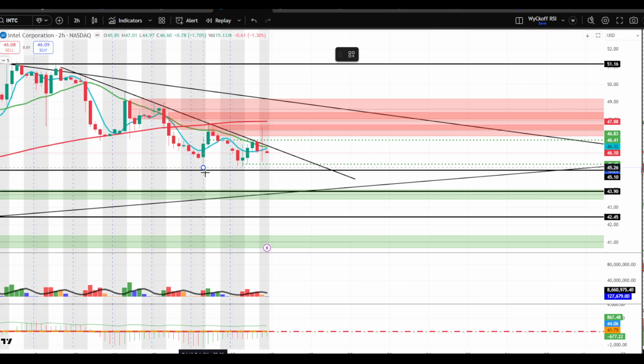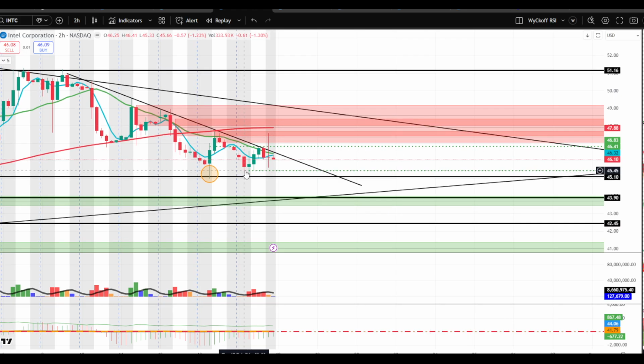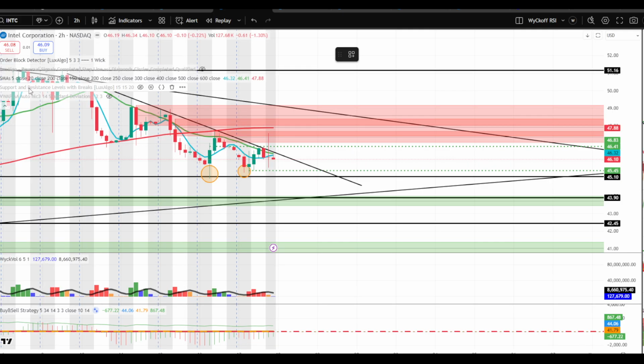You got a one touch here, boom. This one actually didn't go as low, but that kind of held there.